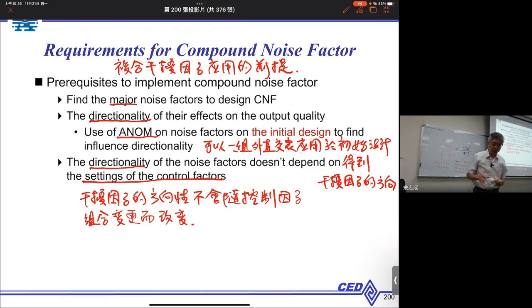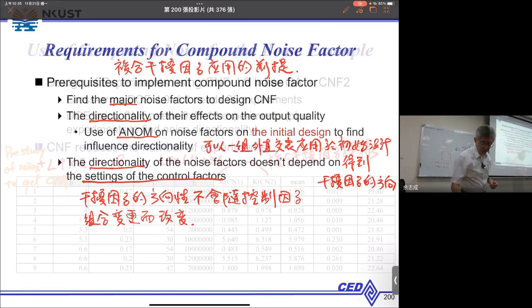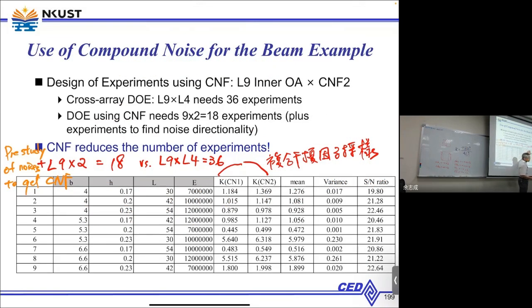Why is this important? Why is this a requirement for the use of compound noise? For compound noise 1 and noise 2, we assume this combination will make our stiffness, will make the output, to be the lowest. This one will make it to be the largest, right? And we use this combination for all the designs in the inner array.